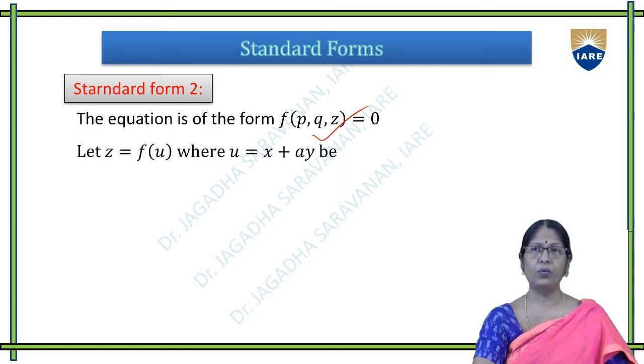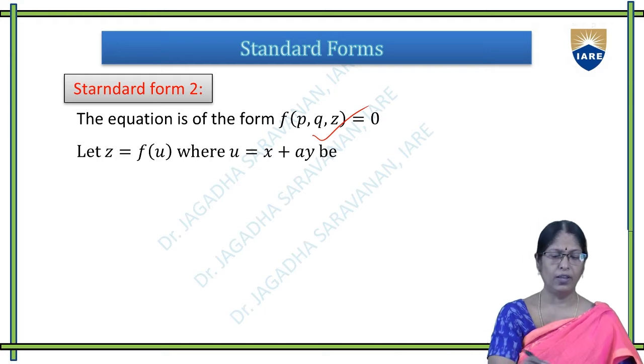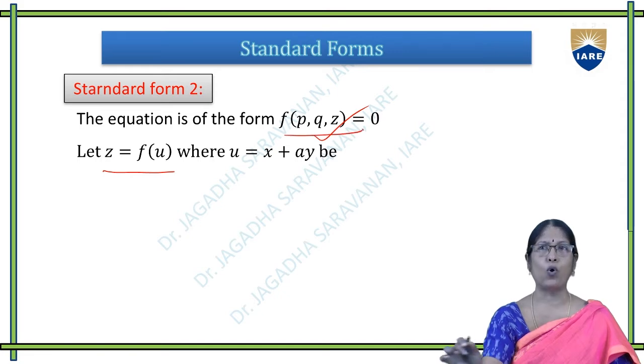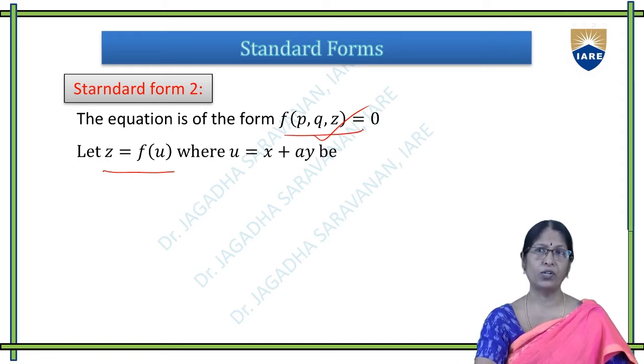If the equation has p, q, z, that is, z equal to f of u, and strictly there won't be any x and y, then it fits standard form 2. Only p and q moves to standard form 1. So if the function is defined with p, q and z, it is standard form 2.